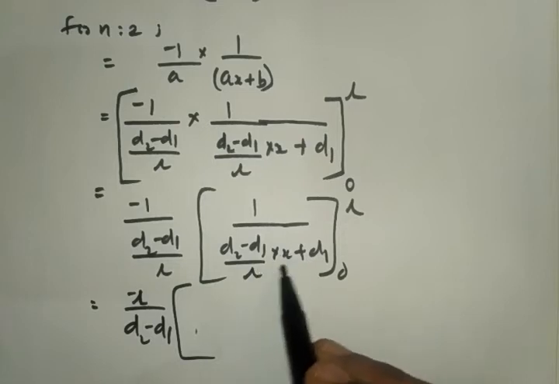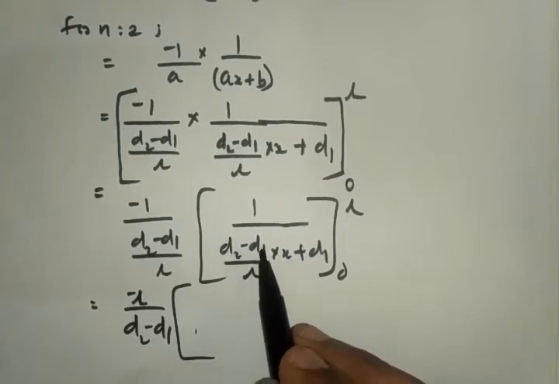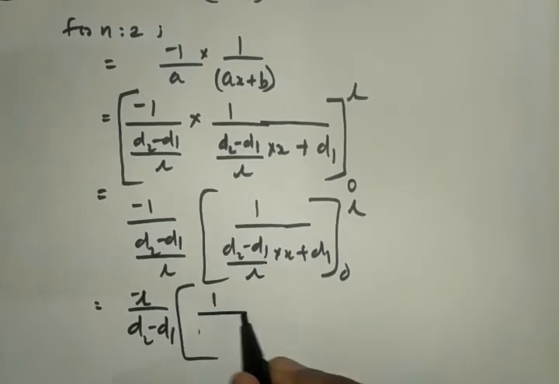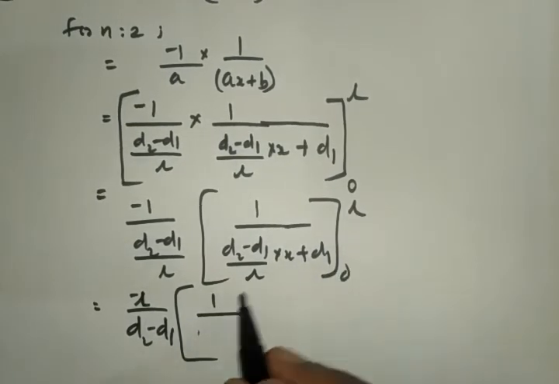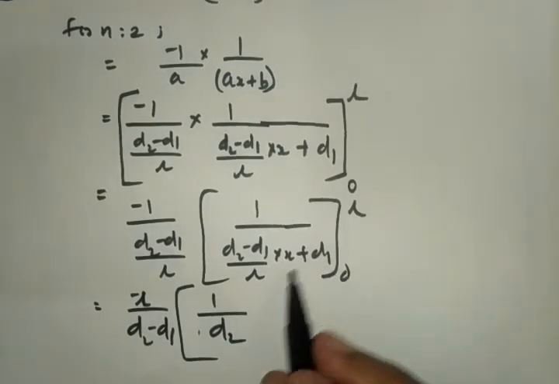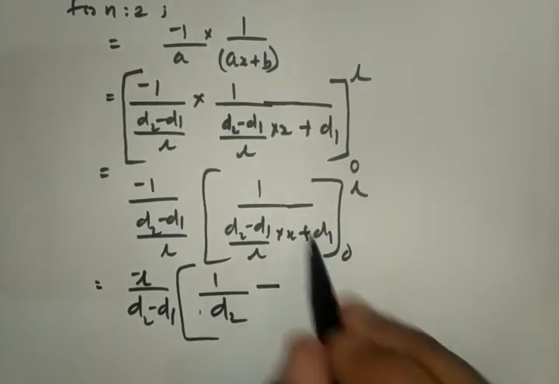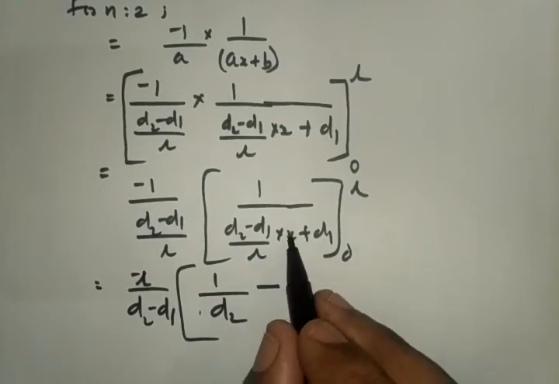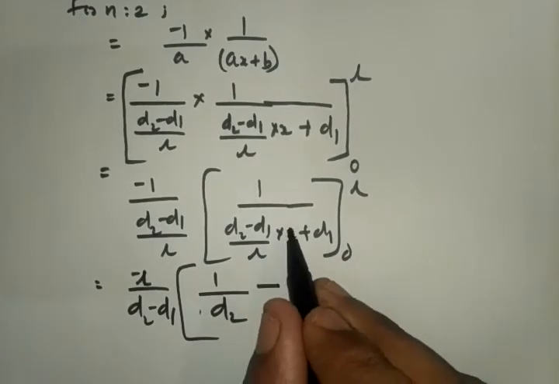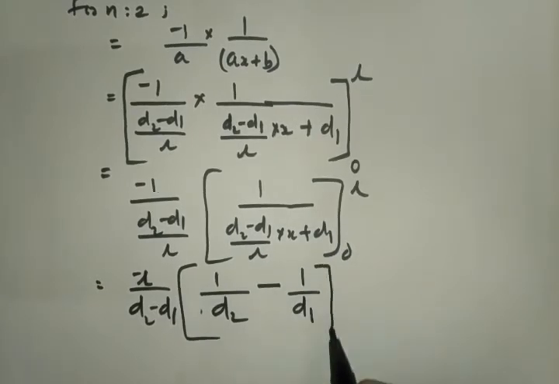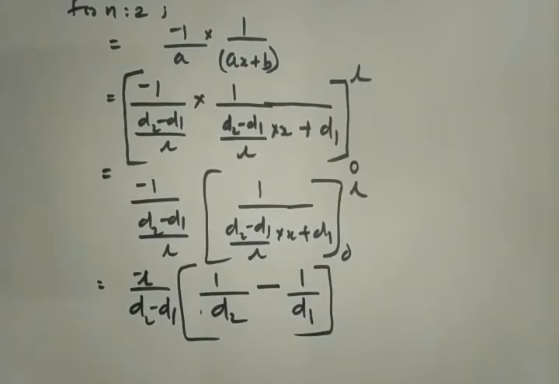When l comes here, l and l cancel out, and d2 minus d1 plus d1 gives d2, so there will be 1 by d2. Then minus, apply the lower limit, which is 0. The first part becomes 0 and only d1 will be there. Okay, so this is the equation.